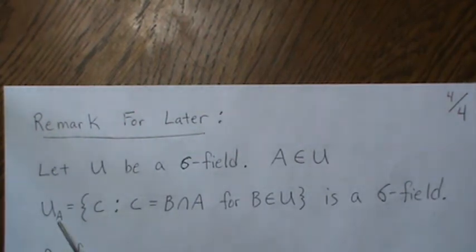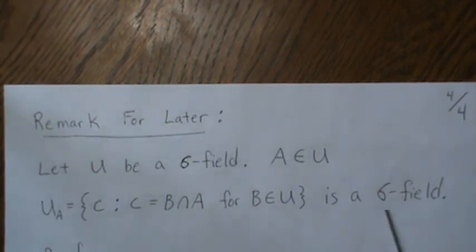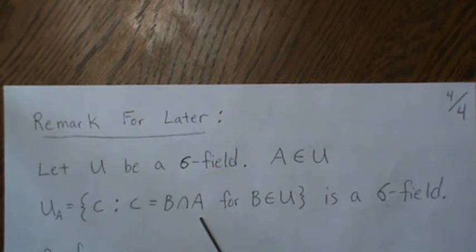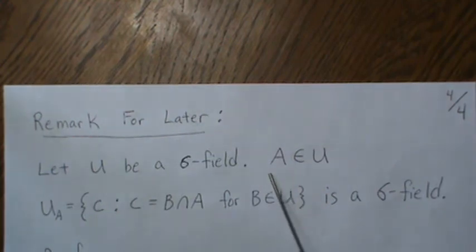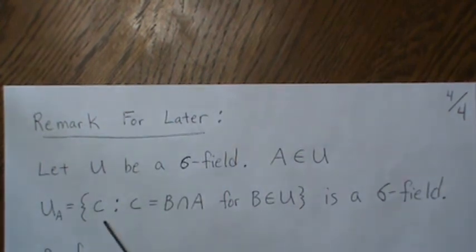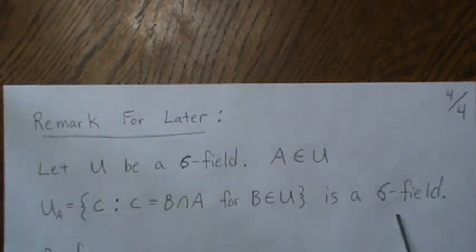So I'm saying this class UA is also a sigma field. Okay, so this is important in conditional probability, where you say, what's the probability of B given A, since this set acts as our new sample space, and we have a new sigma field from S.